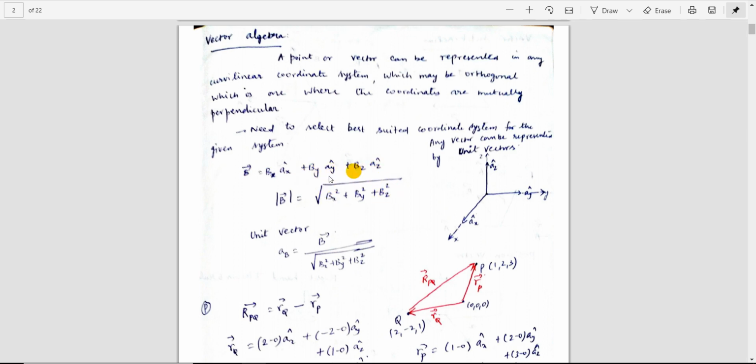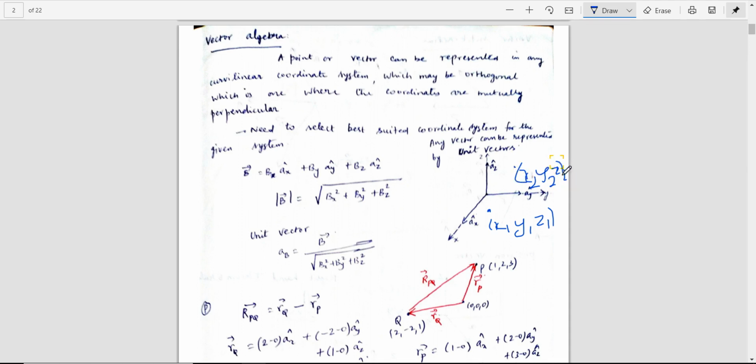So how we are defining this particular vector, you can see in this example. Here is a point, which may be x1, y1, z1. Consider a second point x2, y2, z2.